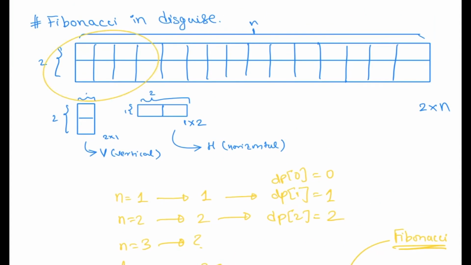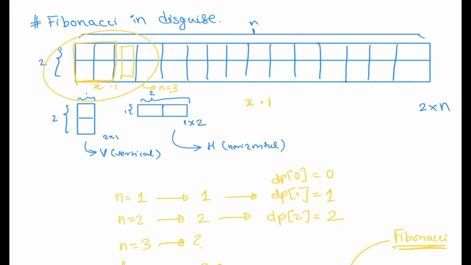So we target this section of the table where n is equal to 3. When n is equal to 3, let's say all the possible ways to fill this section be x, and the only possible way to fill the remaining is 1, that is place one vertical.